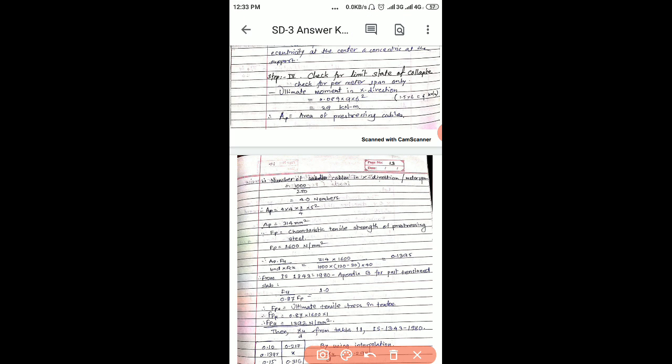Ultimate moment in x direction is 0.089 into 9 into 6 square. So it is 29 kilonewton meter. For this ultimate moment we will use the value Mr is equal to that part, which we have taken from the code.